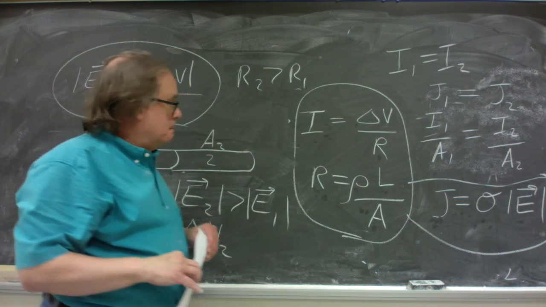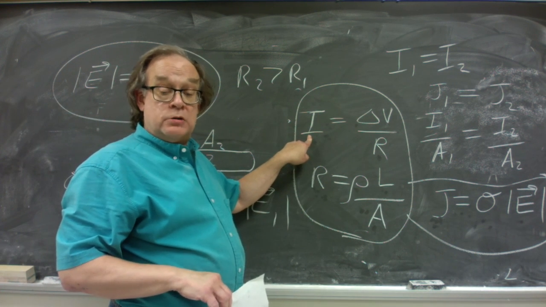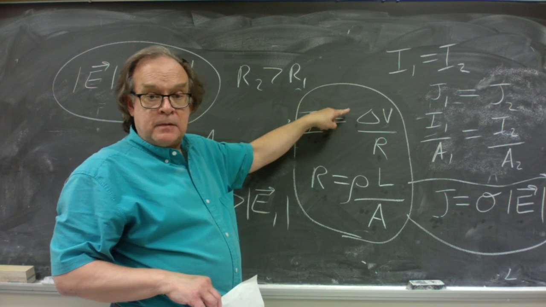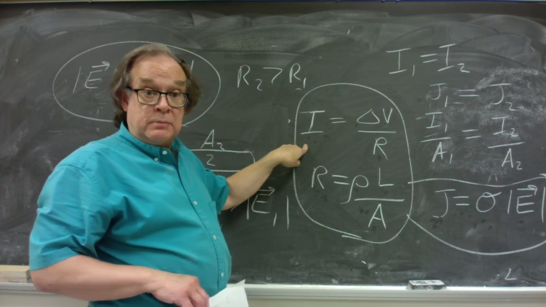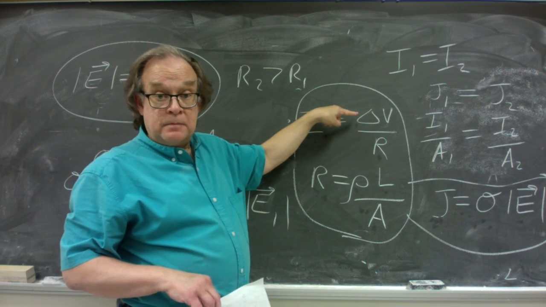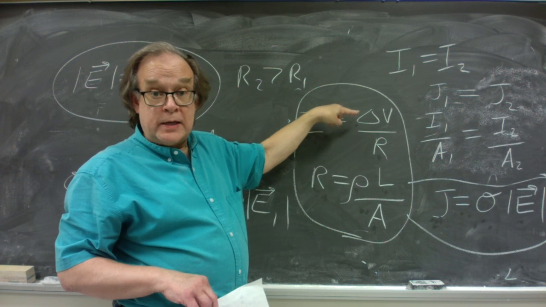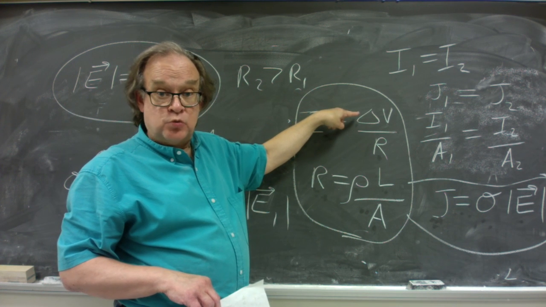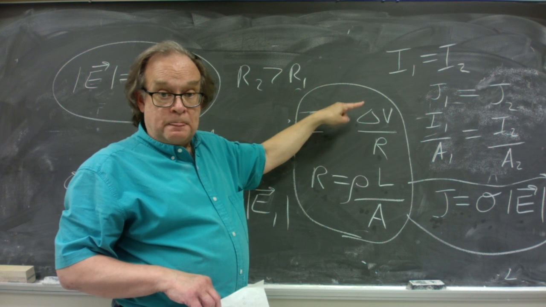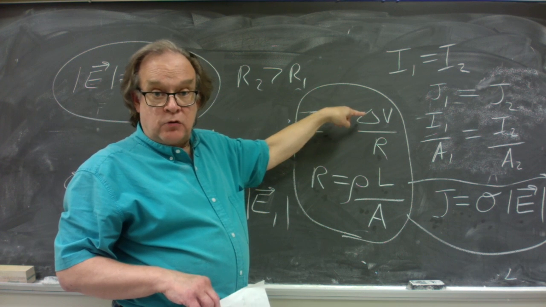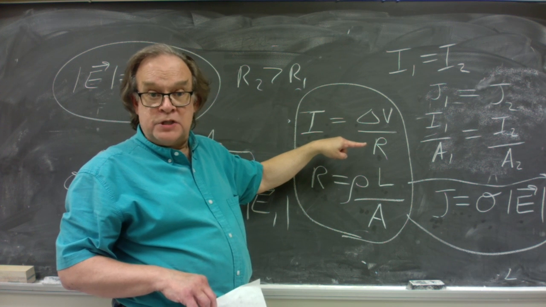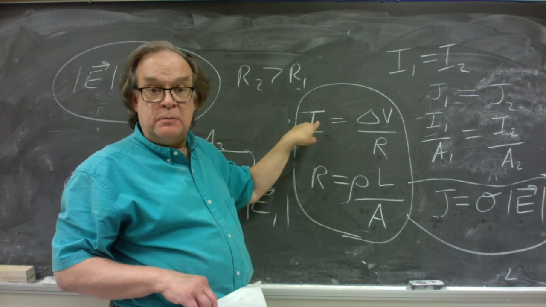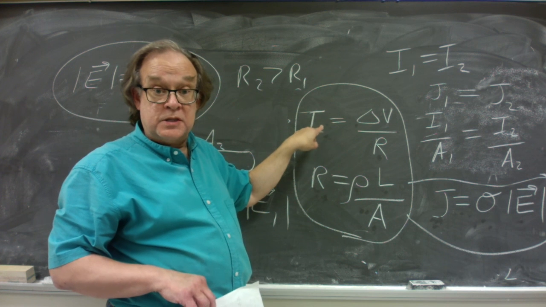Here's just one. It's the same current through both segment 1 and segment 2, but in order to get the same current through both, potential difference 2 had to be bigger than potential difference 1. So if this is bigger for 2 than 1, this also will be bigger for segment 2 than segment 1 in order to keep current itself the same, right?